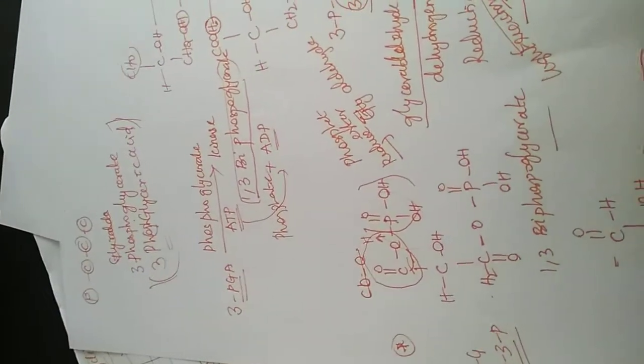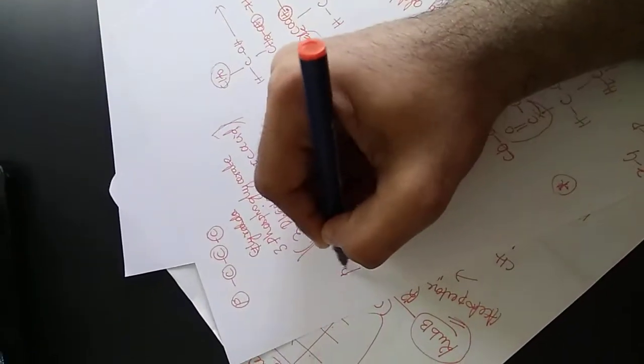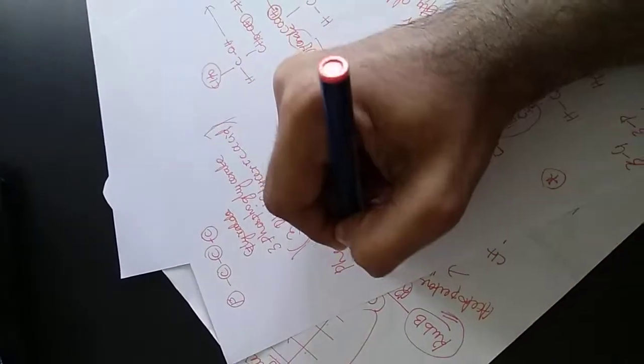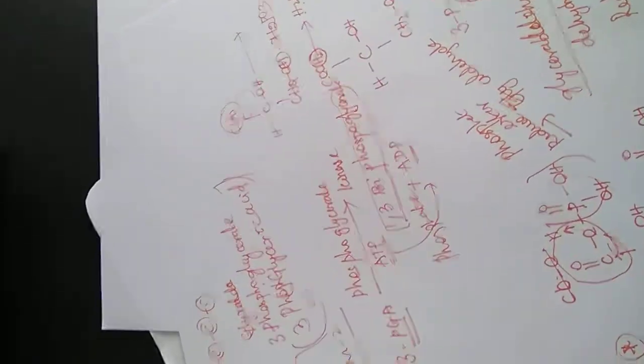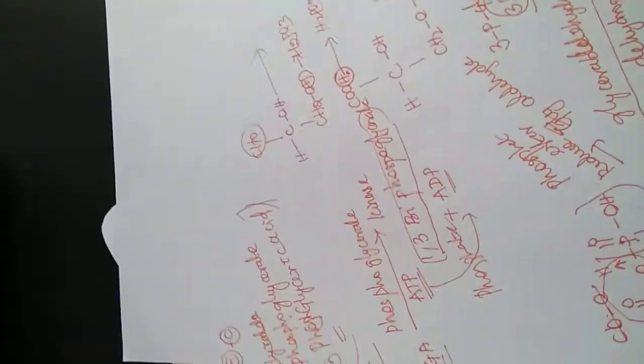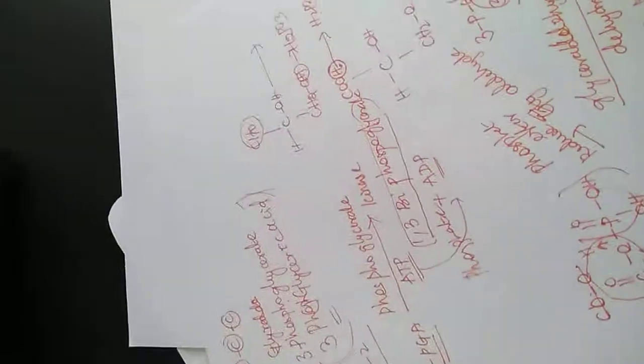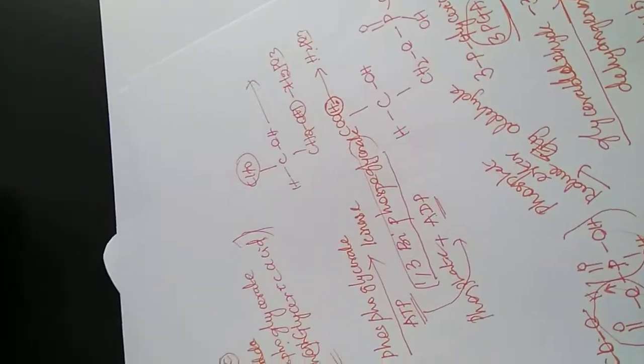This part of the entire process is called phase 2. Phase 1 is carbon fixation, where we introduced carbon dioxide and broke down RuBP, ribulose 1,5-biphosphate, into this compound, phosphoglyceric acid.